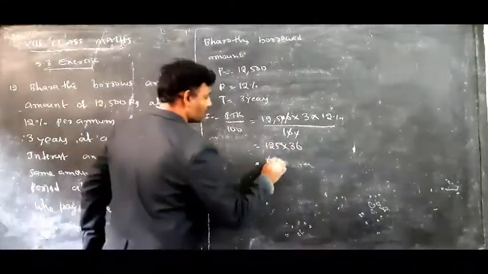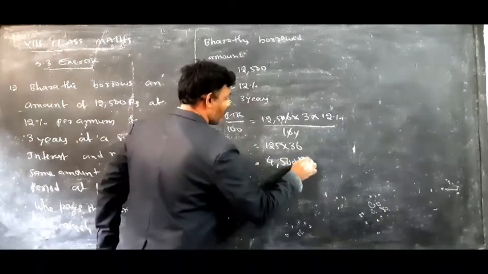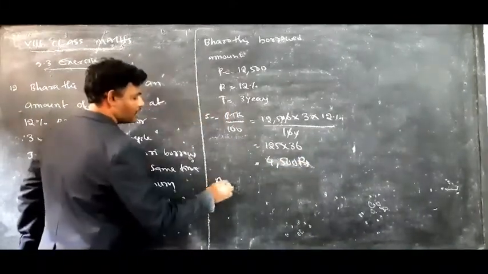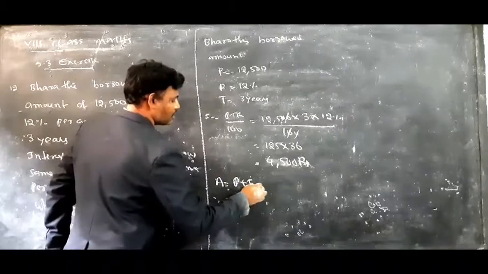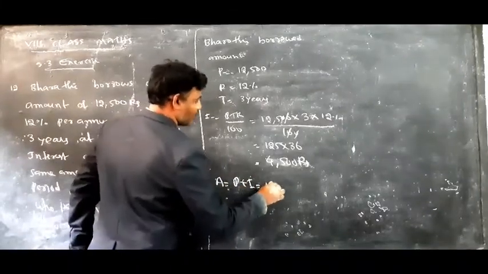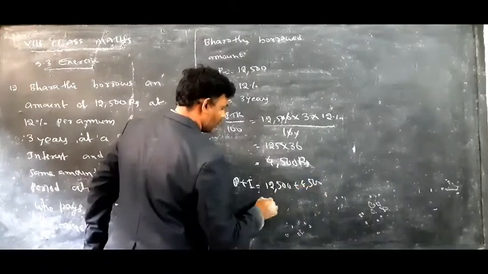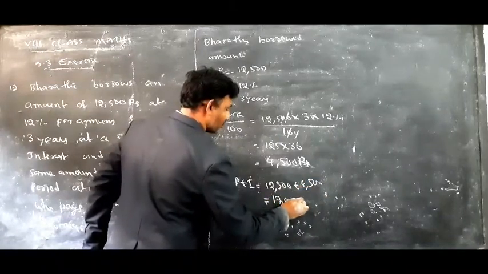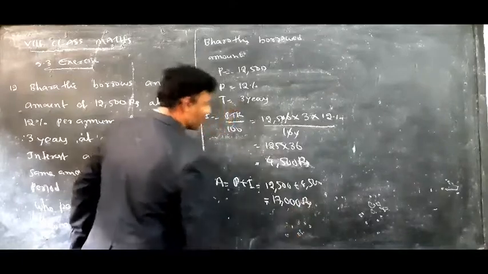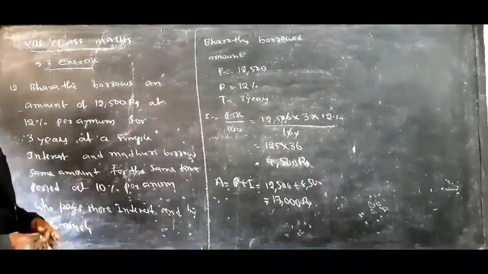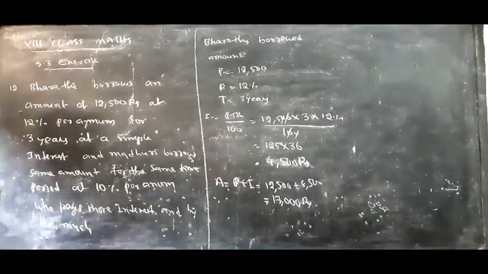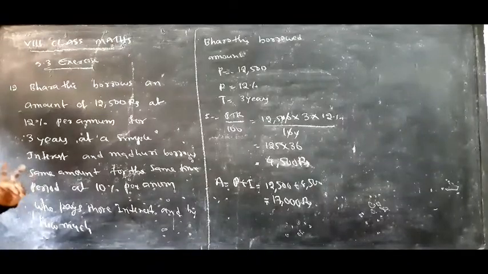Multiplying this, you will get 4,500 rupees. Now A is equal to P plus I, which is 12,500 plus 4,500, which is 17,000. So after 3 years Bharati has to pay 17,000 rupees.